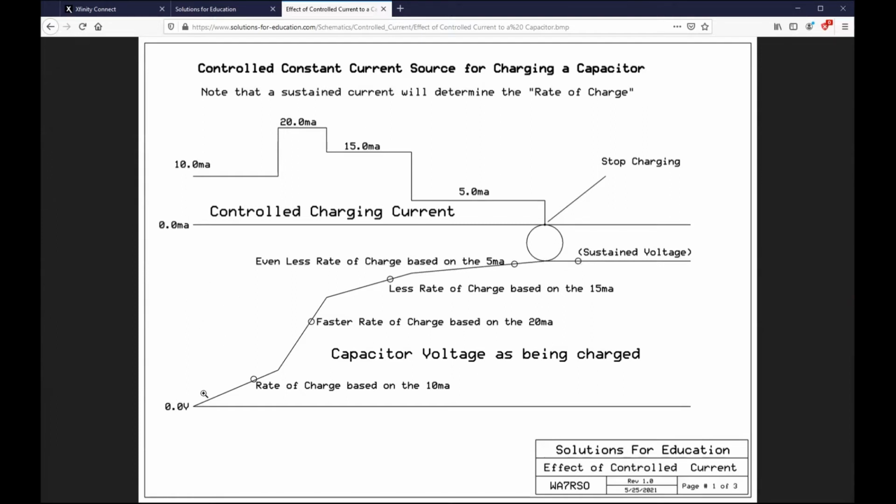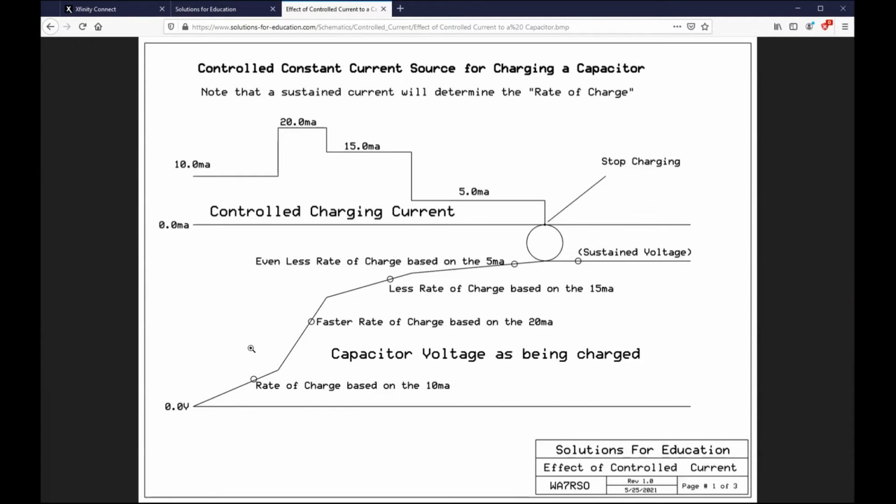So there is a rate of charge, and it is based on a slope. You can see the slope here. If you were watching this capacitor with an oscilloscope, you would see the voltage rising at this particular rate.